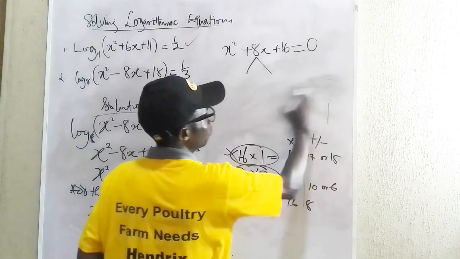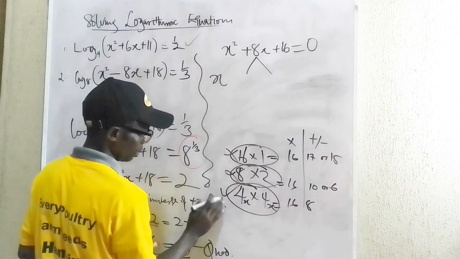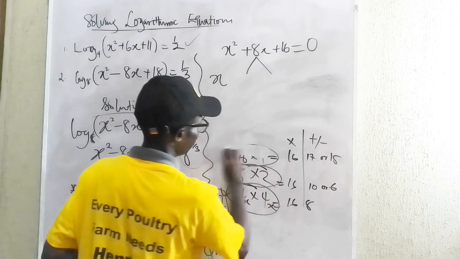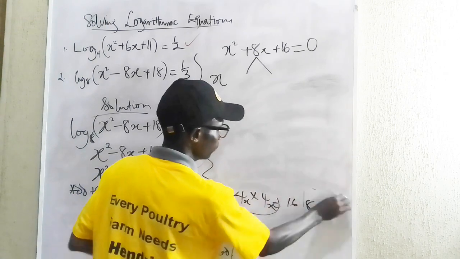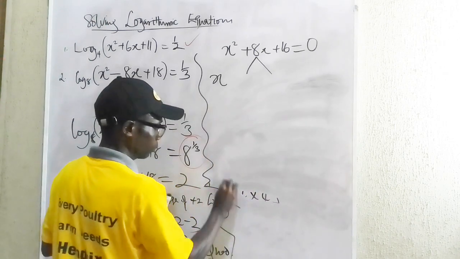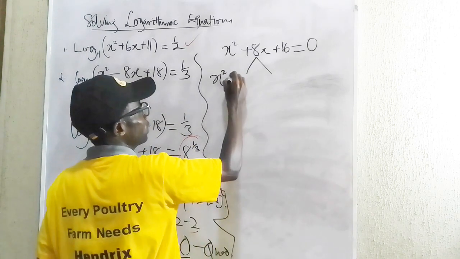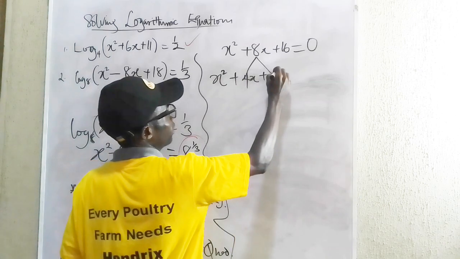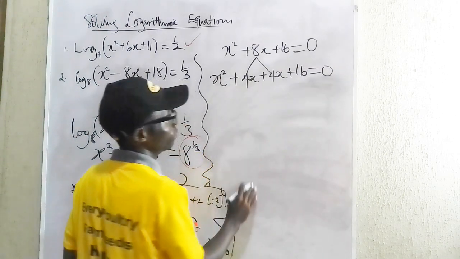So let's go. What we have now is x squared plus 4x plus 4x, and then 16 is equal to 0.